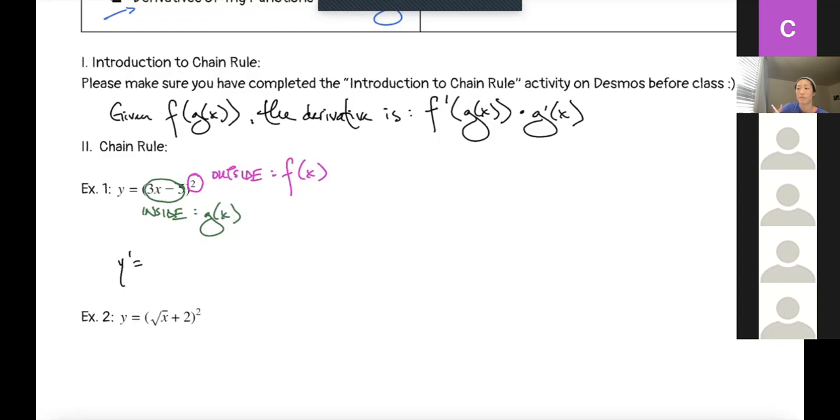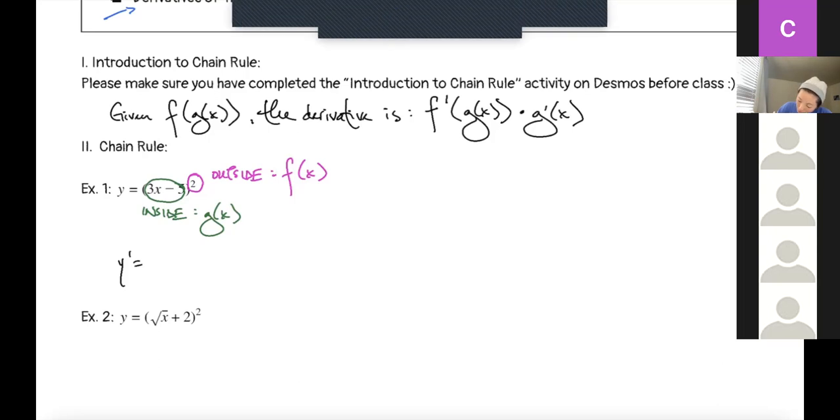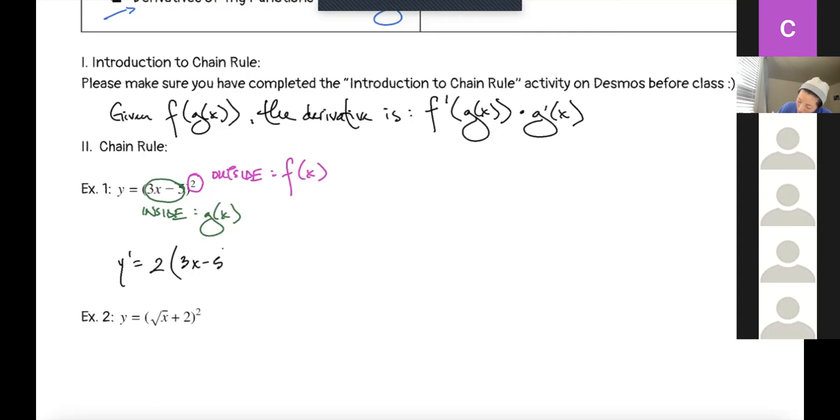What is the derivative of something squared? 2 times something. Exactly. So the derivative of f is going to be 2 times our something. So what we have so far, this is the same as this part.